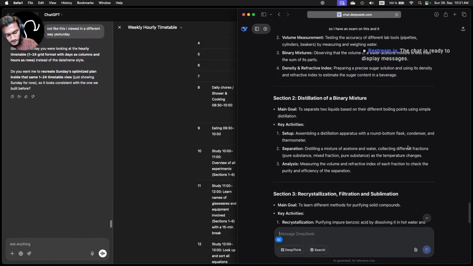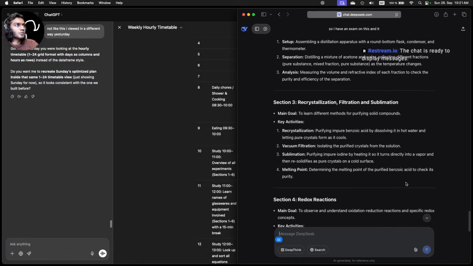Section 3. Recrystallization, filtration, and sublimation. Not sublimination, sublimation.